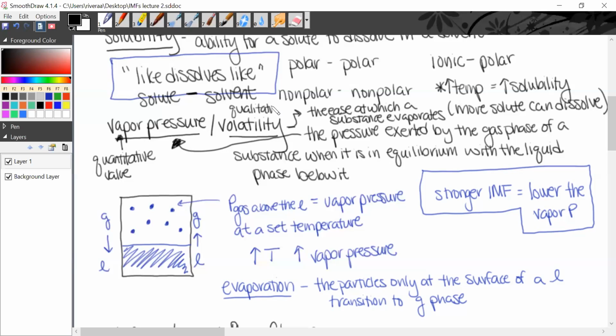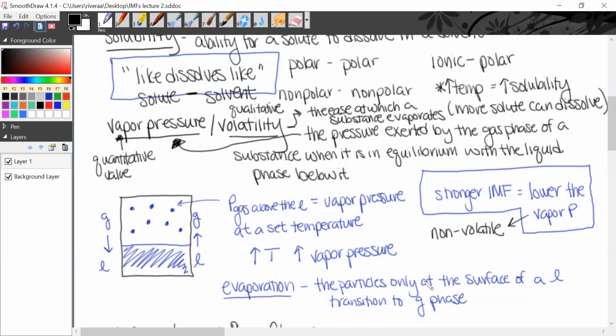It's an adjective describing a substance. Okay, so if you have strong IMFs and low vapor pressure, we say that means that this thing cannot easily become a gas. It is not volatile, non-volatile.